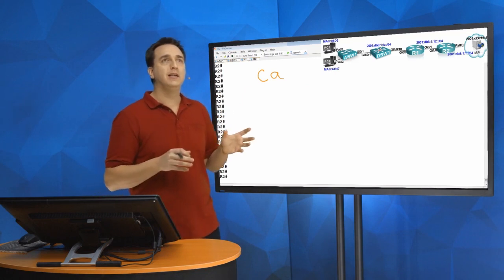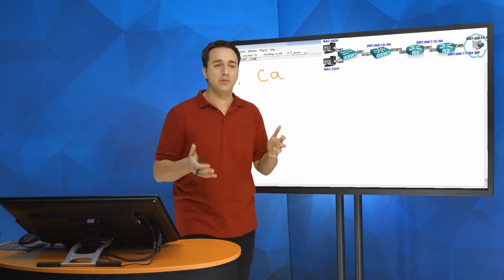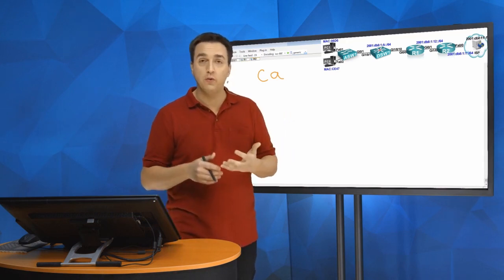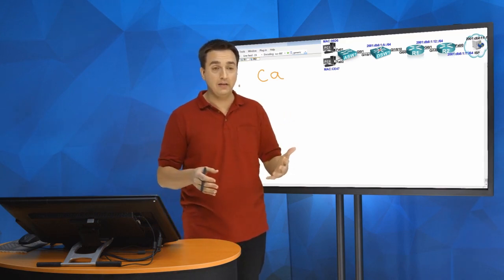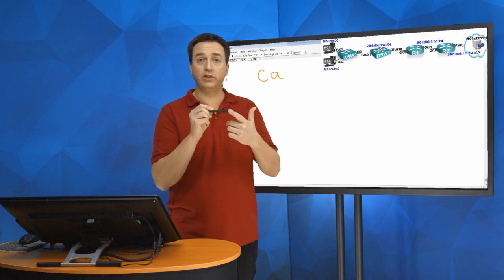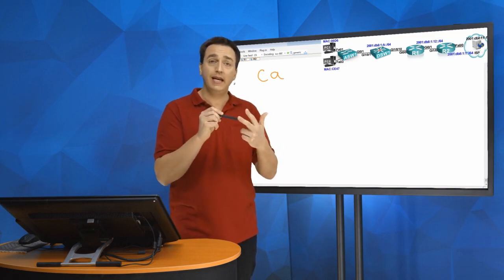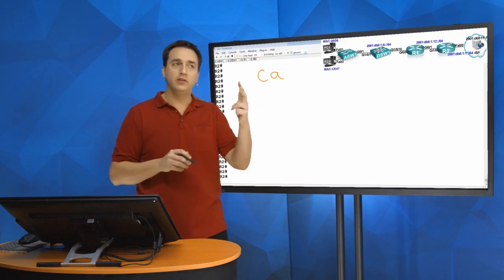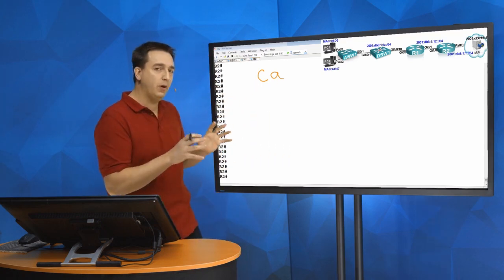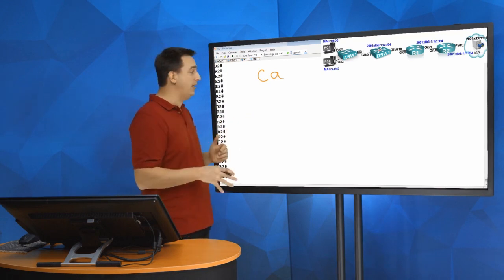So C is what? Well, if you're not sure, remember what our hexadecimal characters are. We have 0, 1, 2, 3, 4, 5, 6, 7, 8, 9. And then we have A, which is 10, B, which is 11, C, which is 12. So C is 12. So how does 12 look in binary?